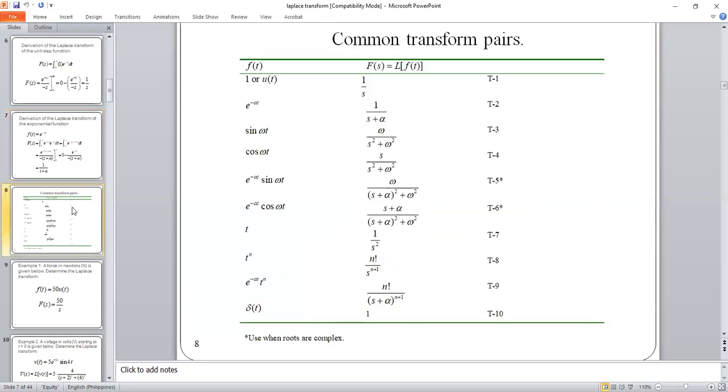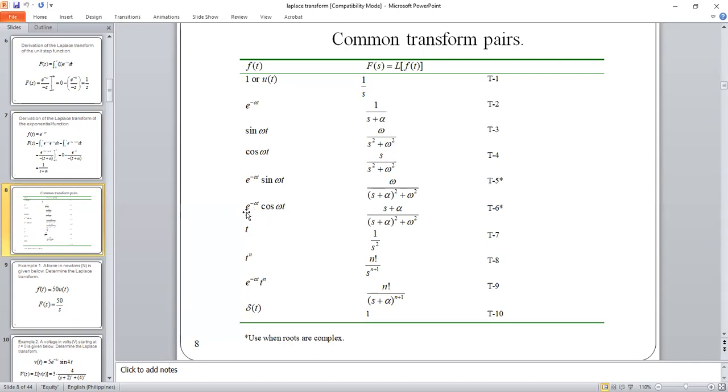Now, the rest of the functions are written here in the table. Three of which are already the shifting of the standard three functions. Your standard sine and cosine functions have these formulas, but once shifted, all the s that appears in the formula will be changed to s plus alpha.